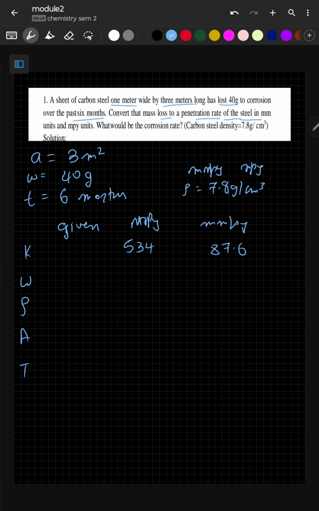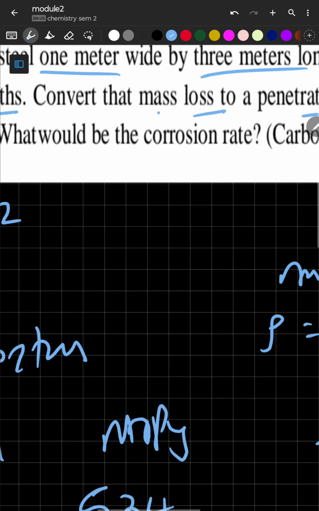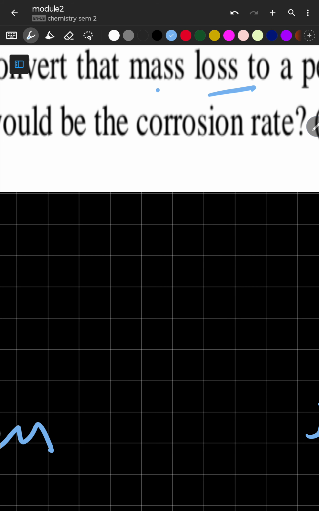Weight, both are in milligram, so 1 gram is 1000 milligram.